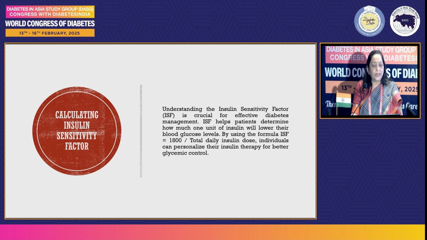Now, calculating the insulin sensitivity factor. Understanding the insulin sensitivity factor is crucial for effective diabetes management, and it helps patients determine how many units of insulin will lower their blood glucose level. The rule is 1800 divided by the total daily dose.